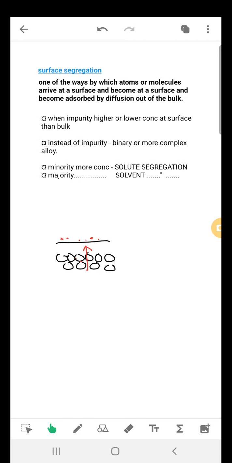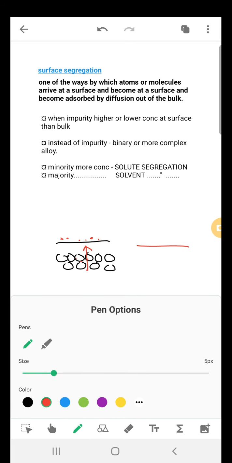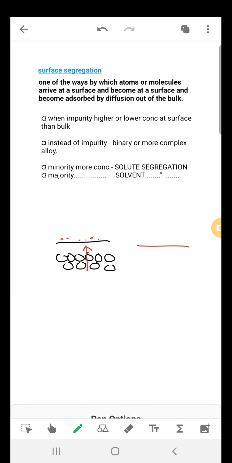That means if there are, say, A and B atoms, where A is the solvent and B is the solute.